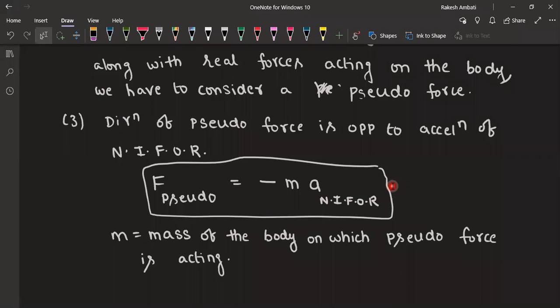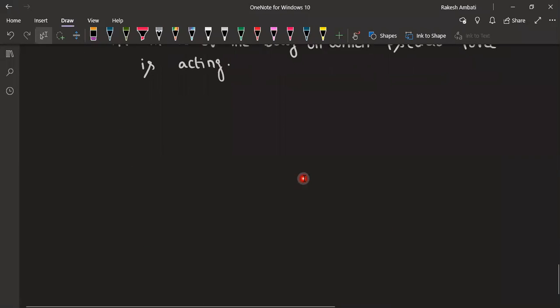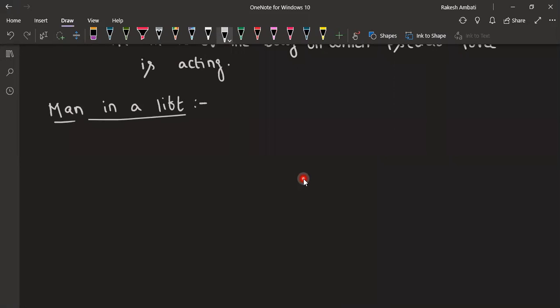Write down the next concept: man in a lift. If the lift is moving upwards or downwards, in all the cases we have to find the apparent weight of the man. We calculate that apparent weight using an inertial frame or a non-inertial frame.